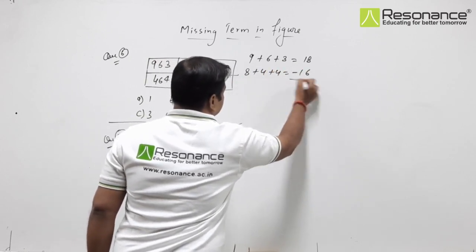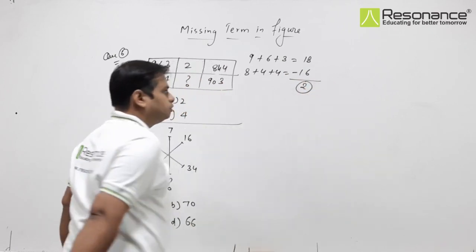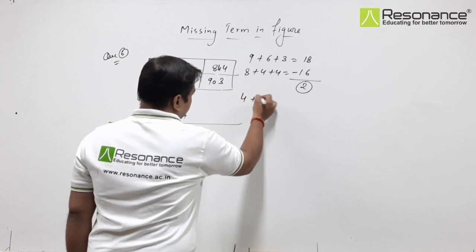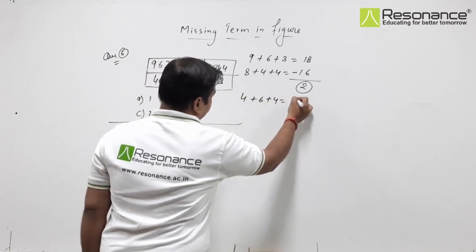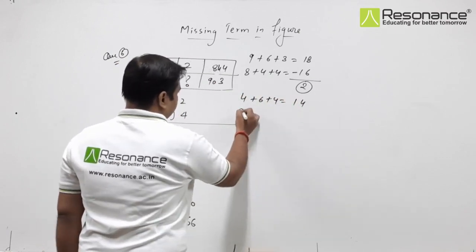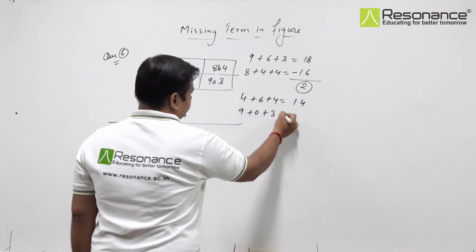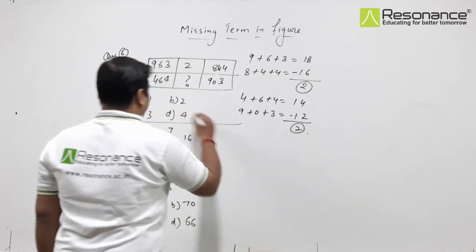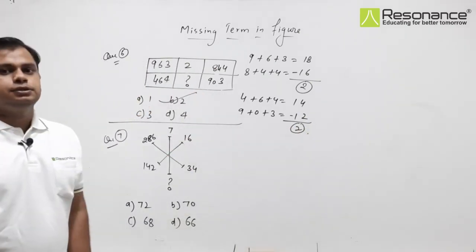The difference of these two numbers is 2. Similarly, 4 plus 6 plus 4, 14. 9 plus 0 plus 3, 12. 14 minus 12 is again 2. Answer is 2.